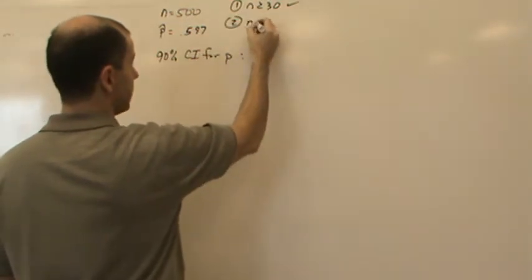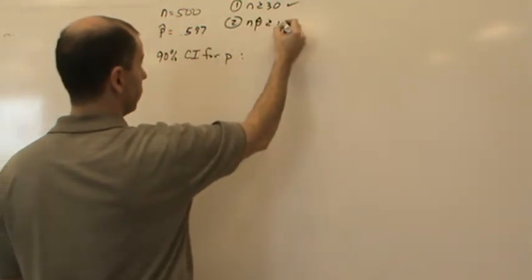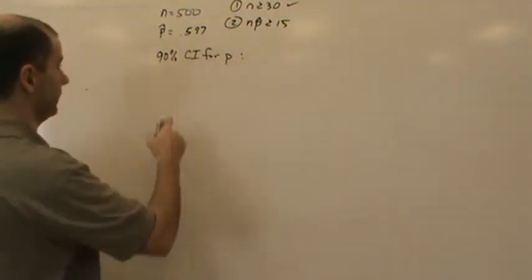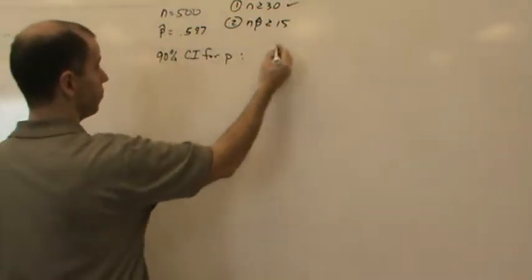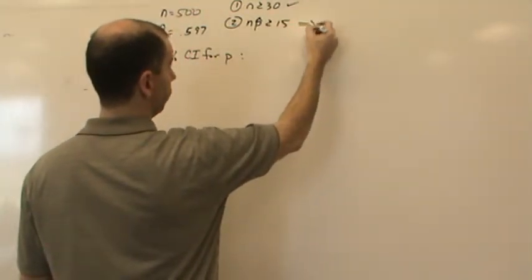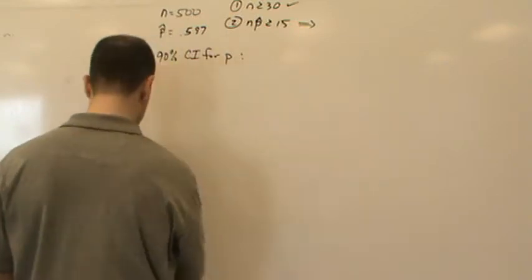Two, n times p hat is bigger than or equal to 15. Well, that's x. How do we find x?